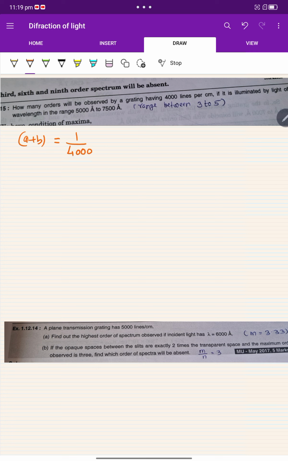Now for wavelength 5000 Angstrom, grating formula is A plus B sine theta is equal to n lambda 1, and n will be maximum when sine theta is 1. Therefore, the maximum order will be A plus B divided by lambda 1.